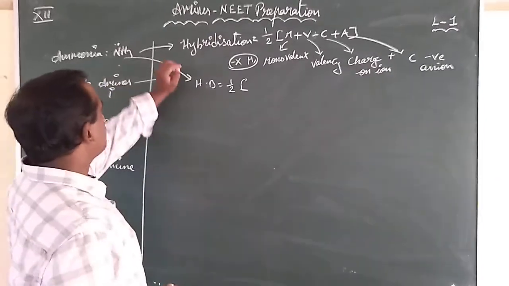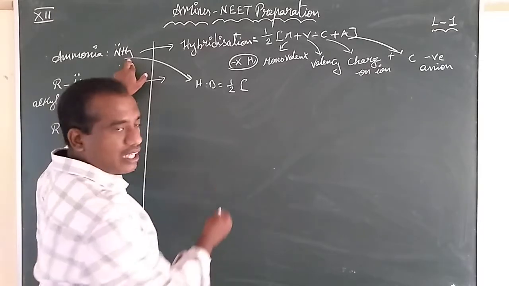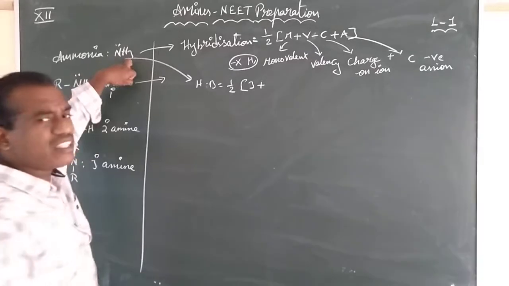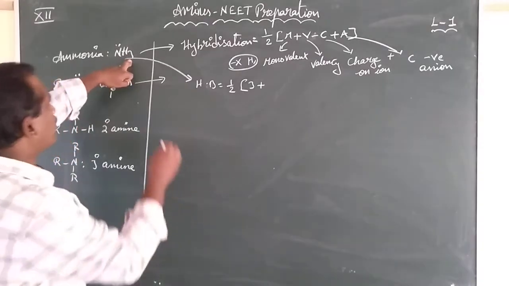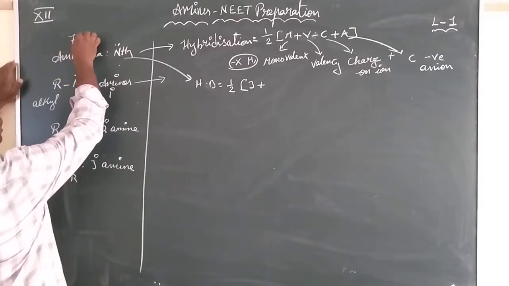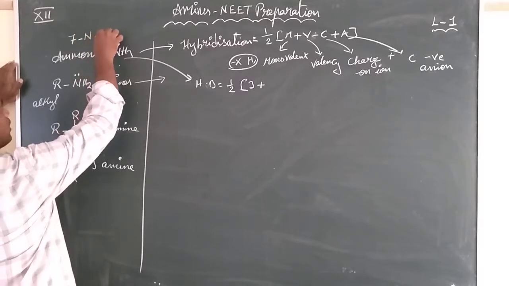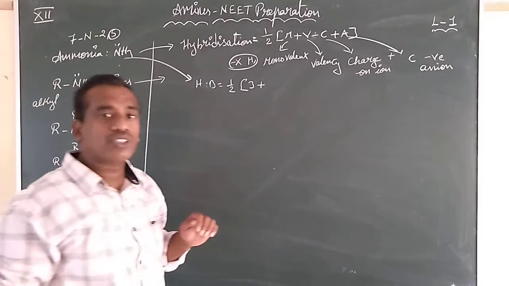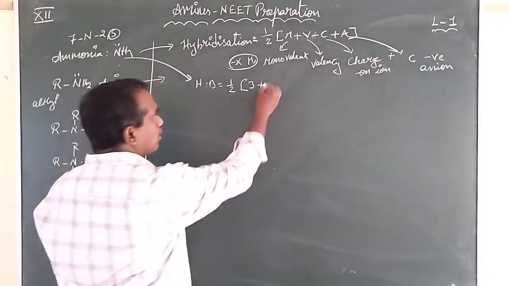So how many hydrogens are there in case of NH3? 3 hydrogens are there, so monovalent atoms are 3. Valency of nitrogen: the atomic number of nitrogen is 7, and you can write this as 2, 5. How many outermost valence electrons are there? 5 electrons are there.